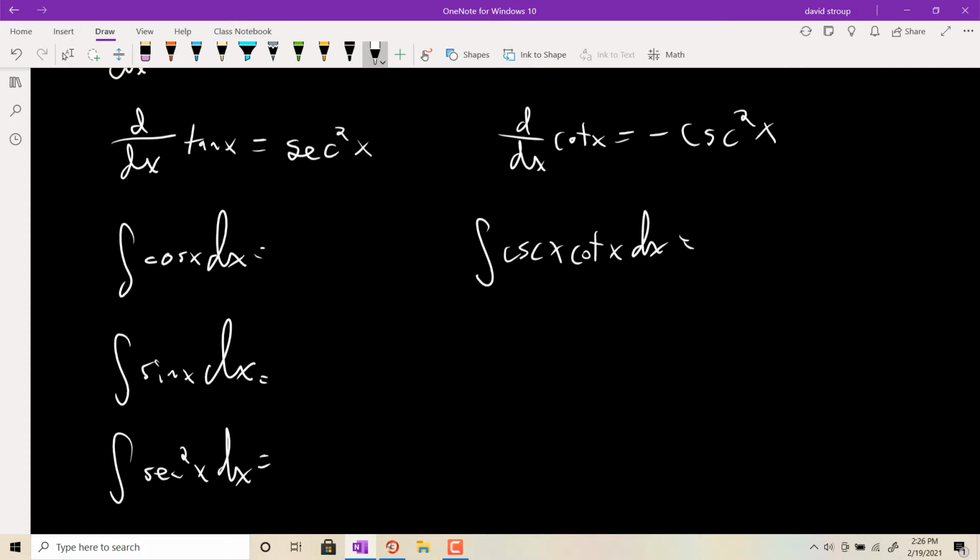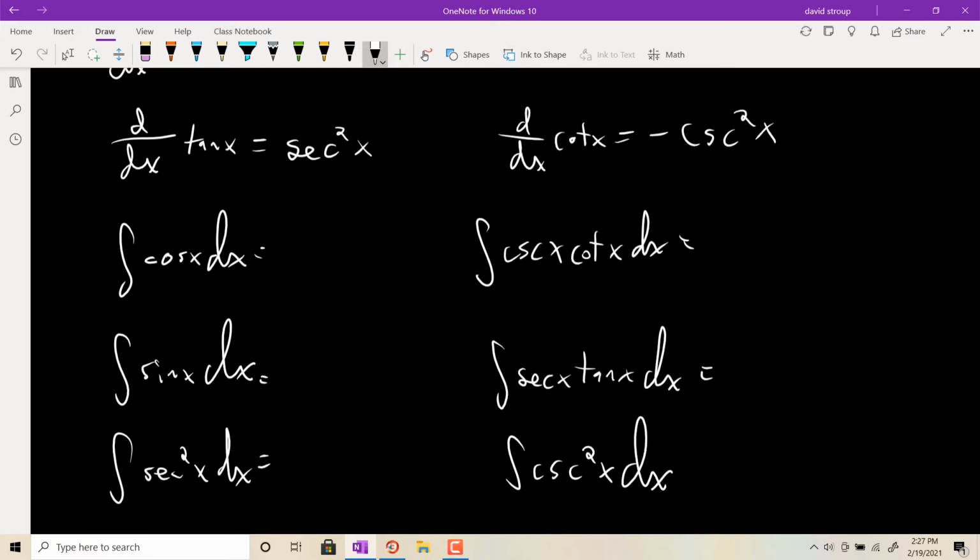I'm going to fill these in a second. The integral of secant x tan x dx, the integral of cosecant squared x dx. So the integral of cosine, of course, is sine. The integral of sine is negative cosine.